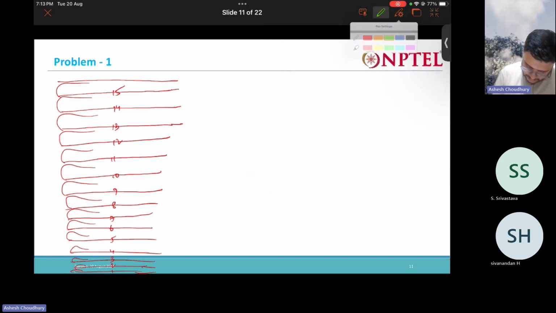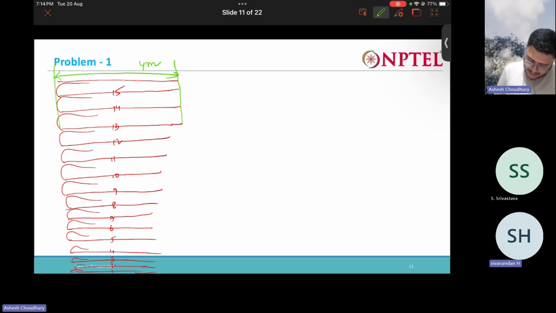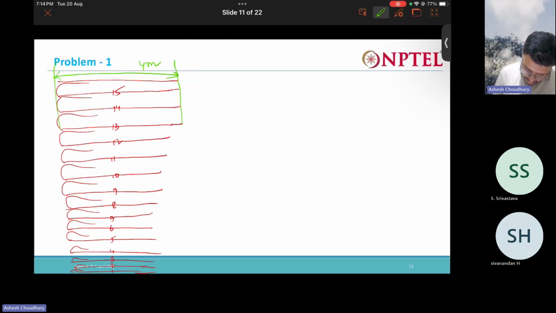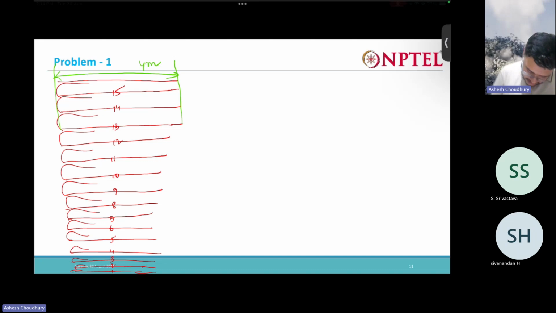Next, layer 12 to layer 8, we have 3 meter.